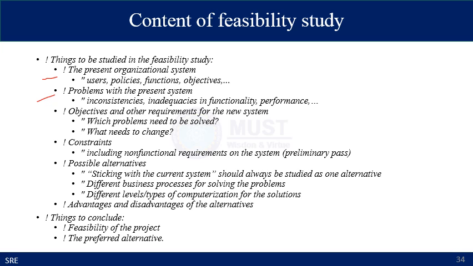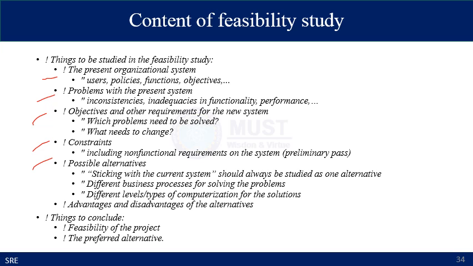as a change. Then what is the problem to inculcate that change in the organization is referred to as constraints, which includes the non-functional requirements on the systems and possible alternatives.